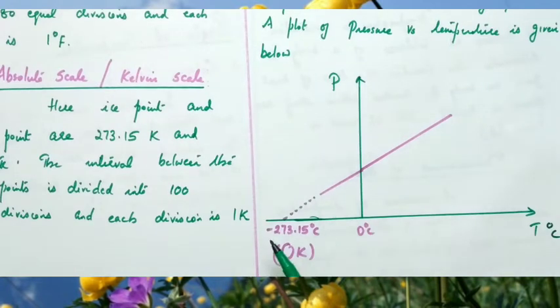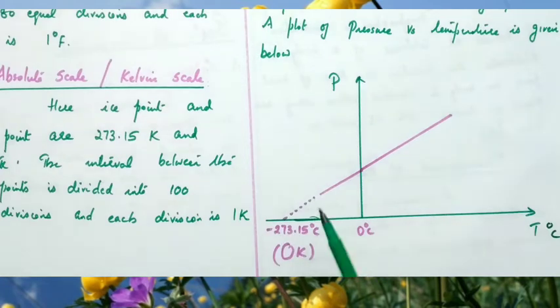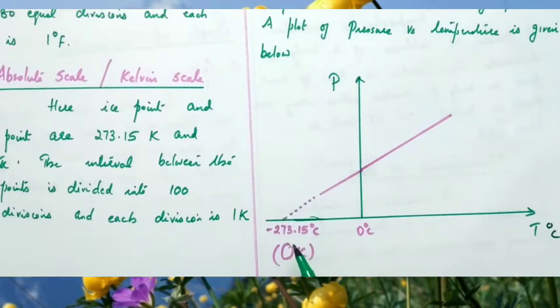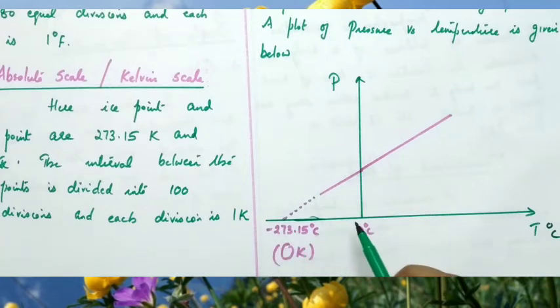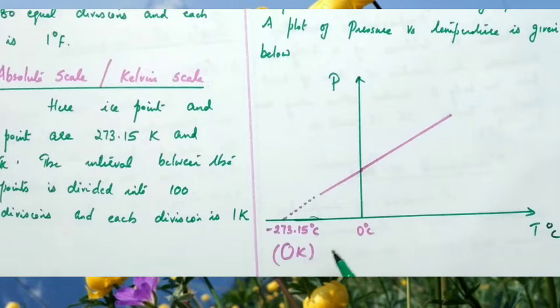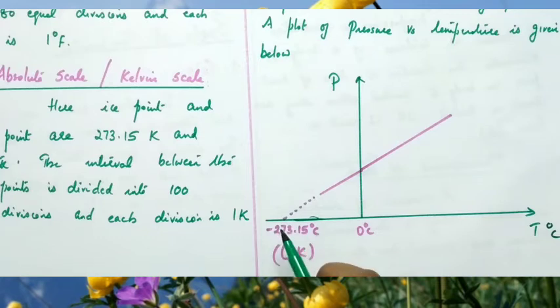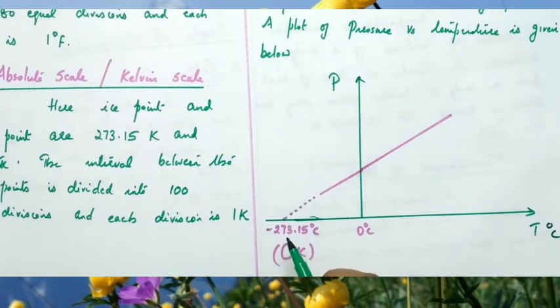Any temperature below minus 273.15 degrees Celsius, or below 0 Kelvin, is impossible. Why? If you extrapolate further, pressure would have to go below 0, but pressure is always a positive value. Hence minus 273.15 degrees Celsius is considered the lowest attainable temperature, and any temperature beyond it is impossible.